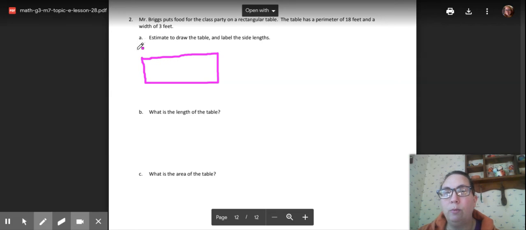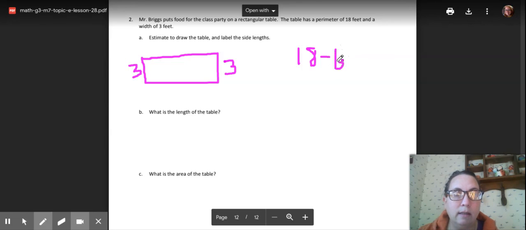We know the width is 3 feet. So 3 and 3. We also know the perimeter is 18. So I'm going to take 18 minus 6. Because I know that 3 plus 3 is 6. So I got to take away the sides I already have.